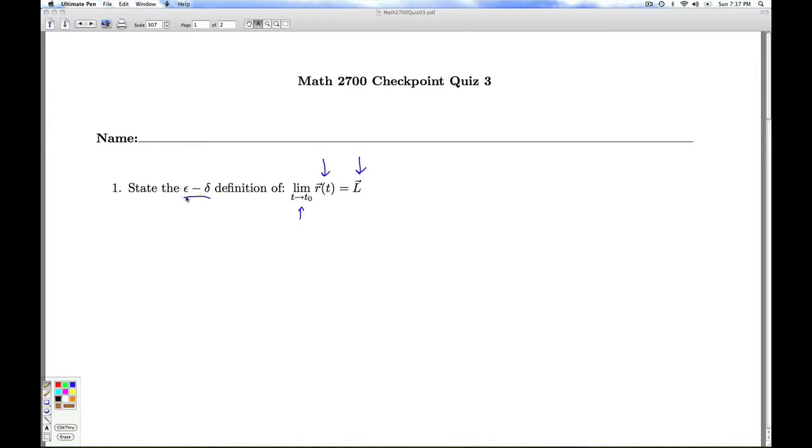So as usual, we're going to let epsilon be our tolerance for how close the function is to the target L, and delta is going to be how close we need to get t to be to t naught.